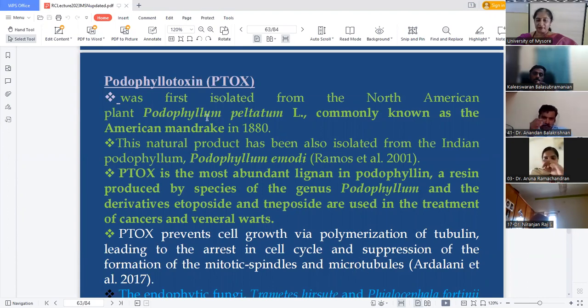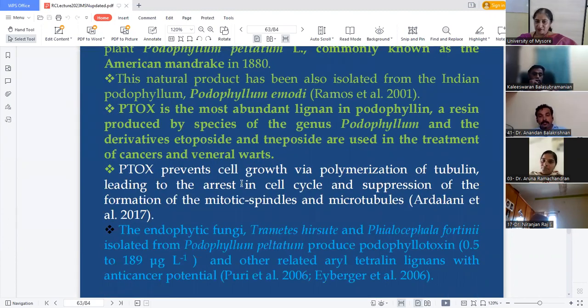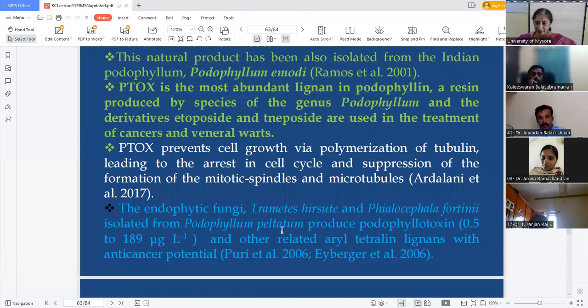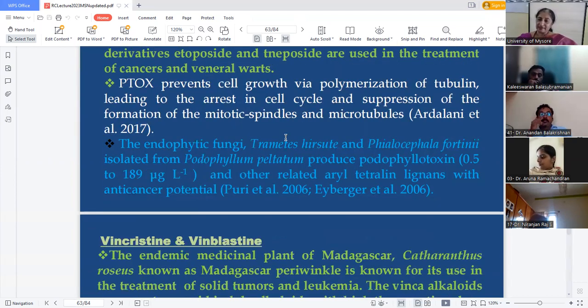And therefore, two species of Podophyllum, the American species as well as the Indian species, have been studied to produce this drug. We also have two fungi which have been isolated from Podophyllum peltatum as producers of this podophyllotoxin and their related lignans.